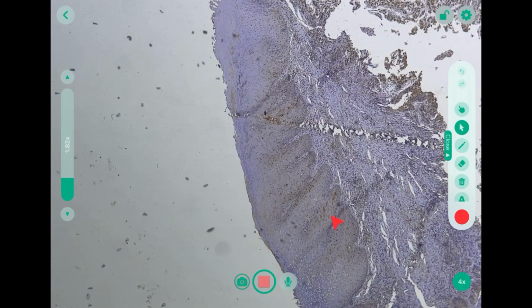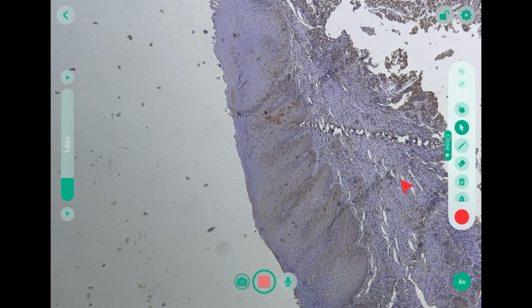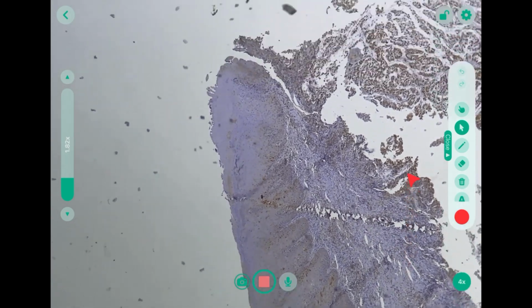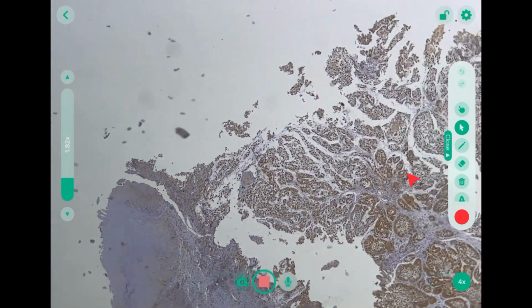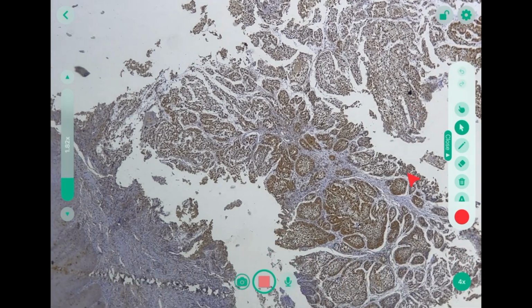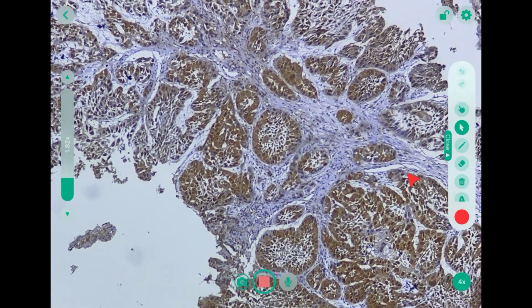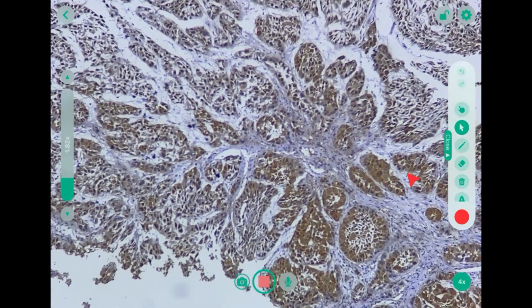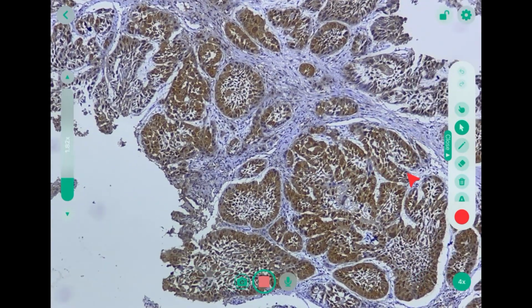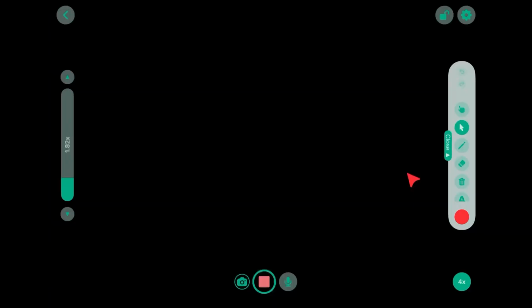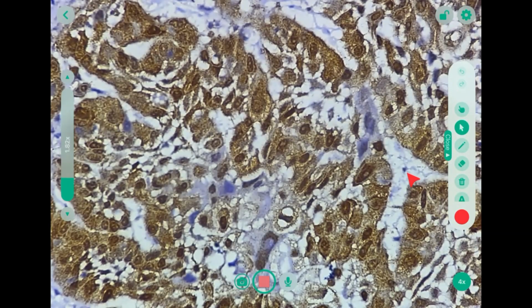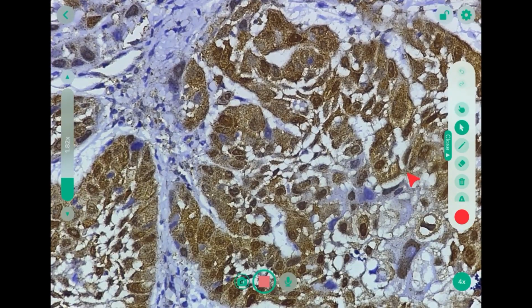This is the overlying stratified squamous epithelium, that is the mucosal layer, and this is the submucosal area. In this submucosal area we can see these tumor cells. Those cells have taken both nuclear and cytoplasmic staining for this P16 antibody. So this is called block positivity for P16 stain. This is a beautiful P16 immunostain, block positivity.